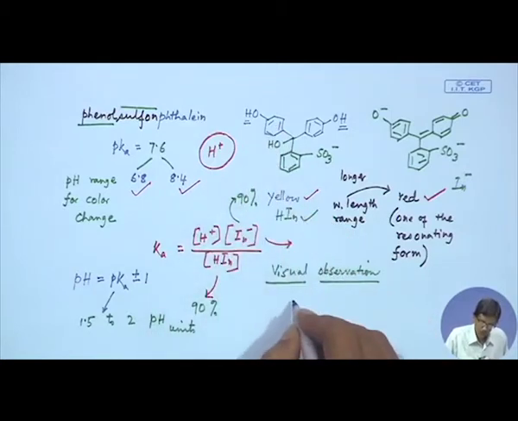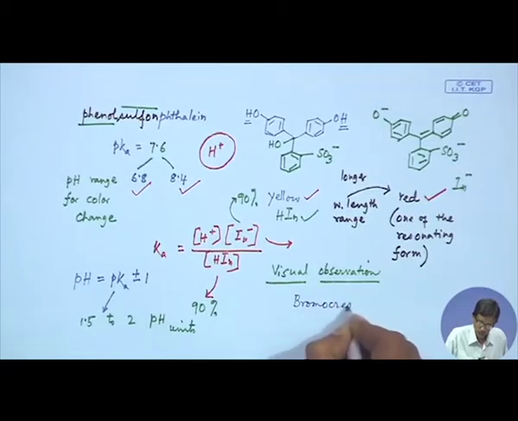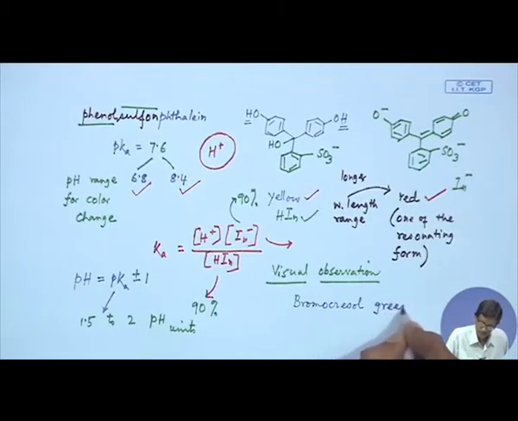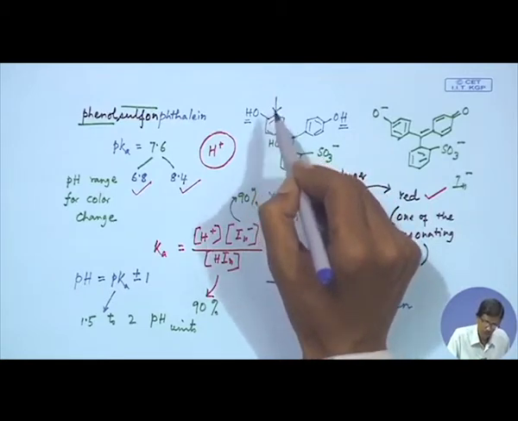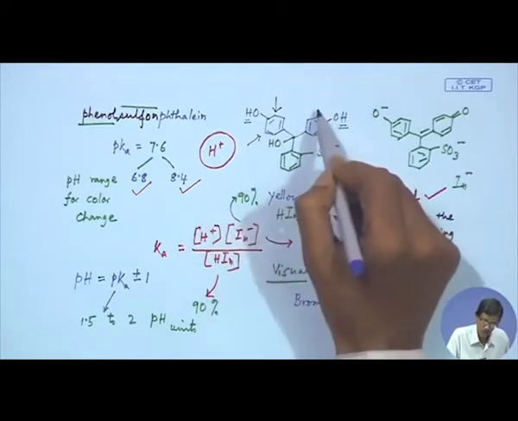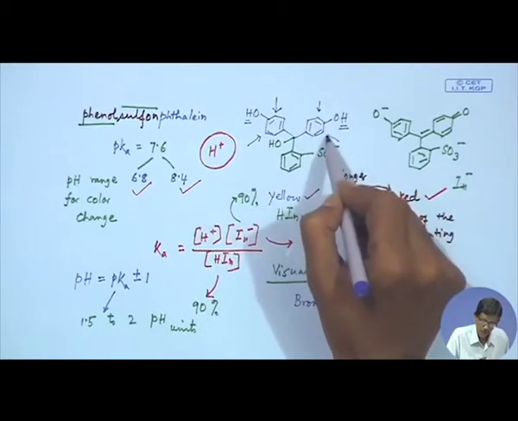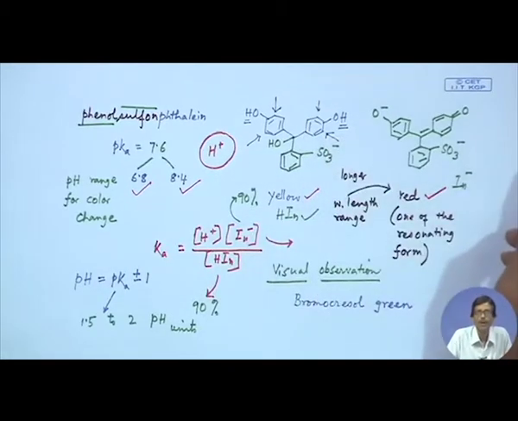Similarly, another molecule is bromocresol green, where we can have bromine substitutions at all those positions in this particular ring.